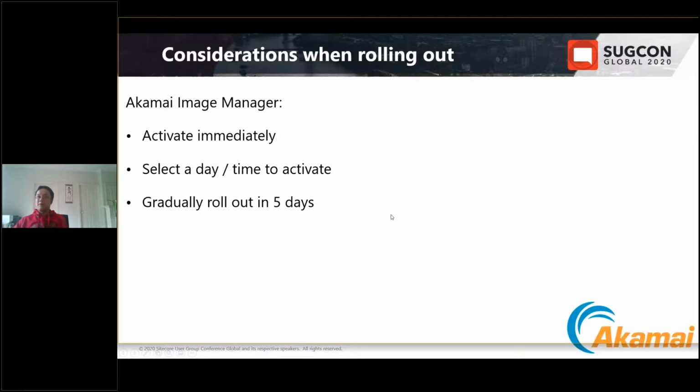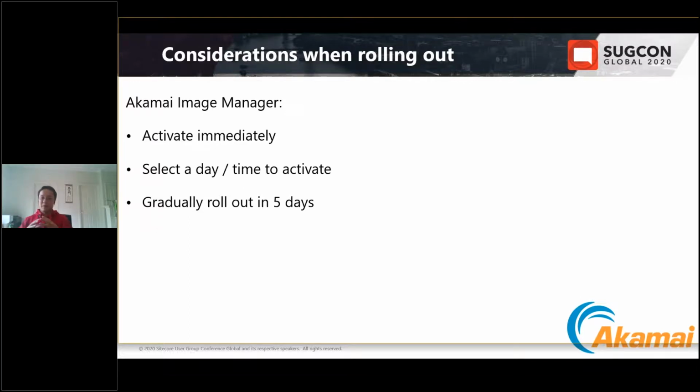From an Akamai perspective, there are 3 options to activate. You can activate immediately, just like we're doing with Cloudflare, or you can select the day and time to activate. In Akamai, you just pick a day and time and then hit activate, so you activate in a quiet period. Or you can gradually roll it out over 5 days.